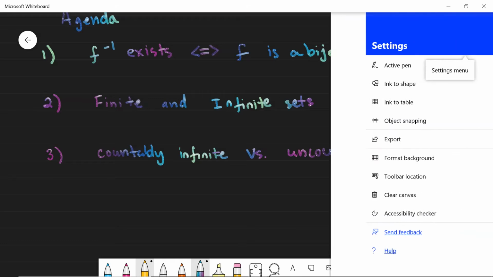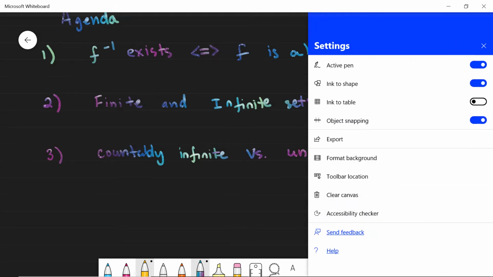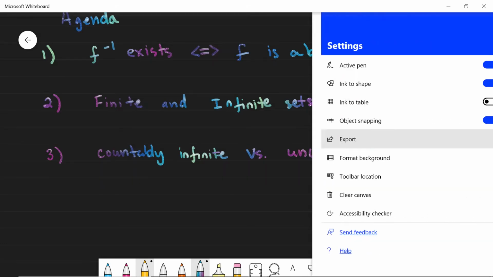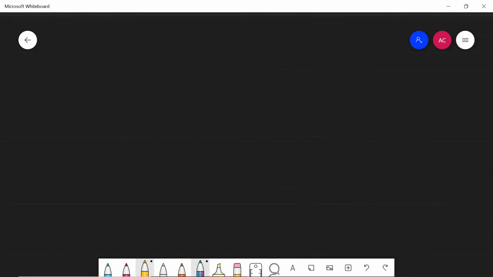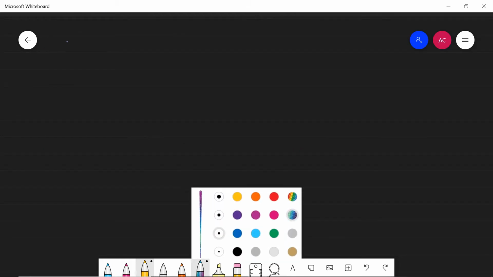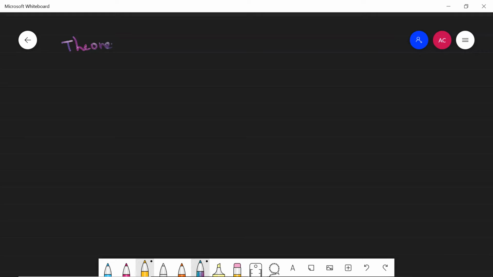First, we want to prove this theorem that f inverse exists if and only if f is a bijection. So let's call this a theorem. I'm going to define a function f that maps a domain A to a codomain B. So let f going from A to B be any function.